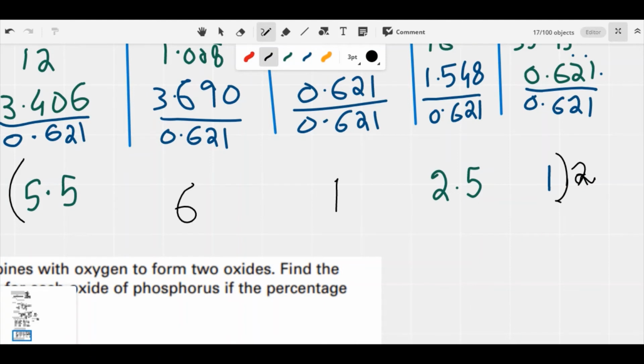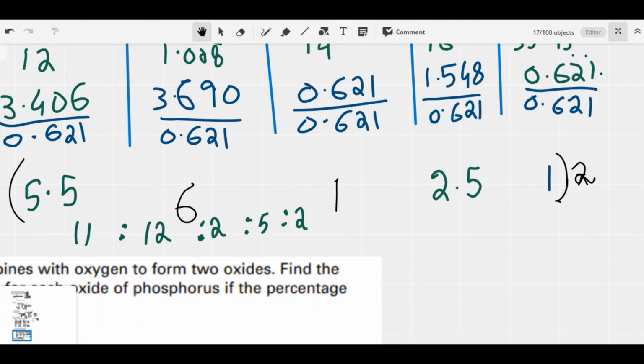Carbon: 5.5 times 2 equals 11. Hydrogen: 6 times 2 equals 12. Nitrogen: 1 times 2 equals 2. Oxygen: 2.5 times 2 equals 5. And chlorine: 1 times 2 equals 2.